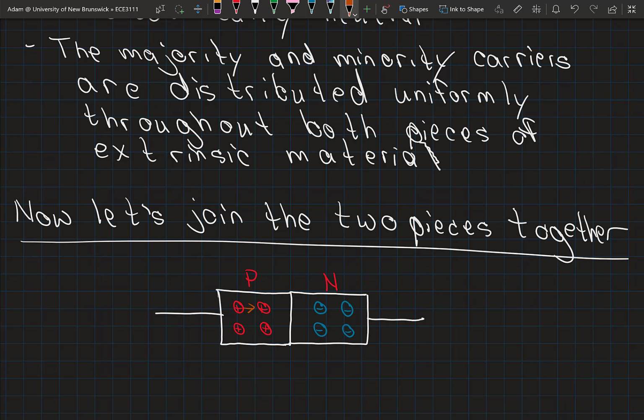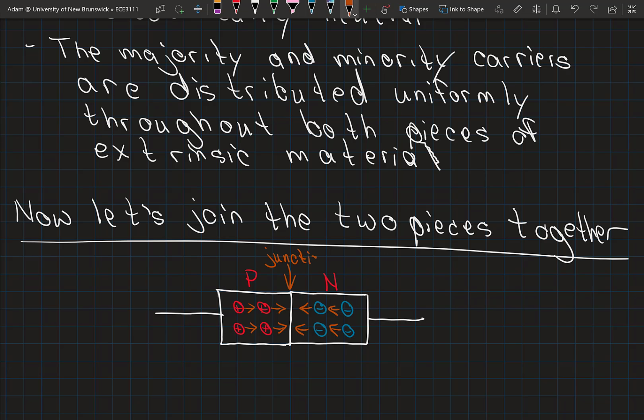Okay, so to try to reach a steady state where we have a uniform distribution, these holes are going to want to move to the right, and the electrons are going to want to move to the left, to try to stabilize that mismatch in concentration of holes and electrons.